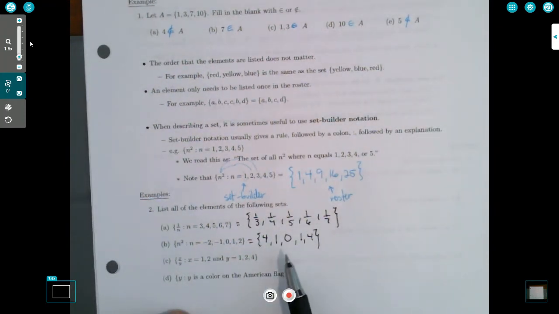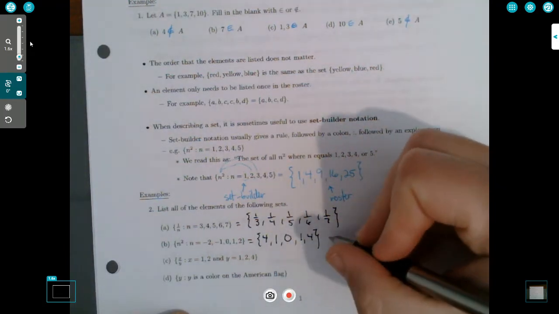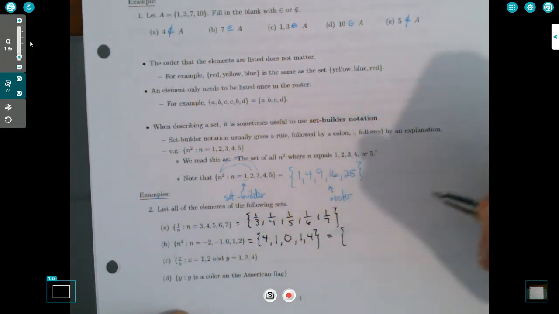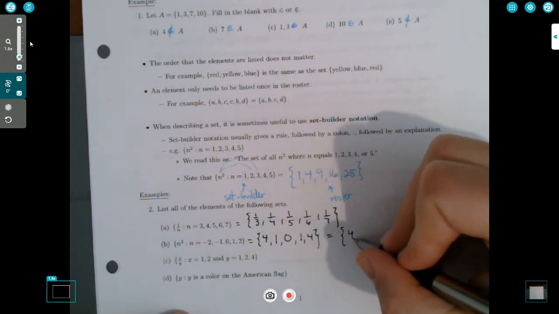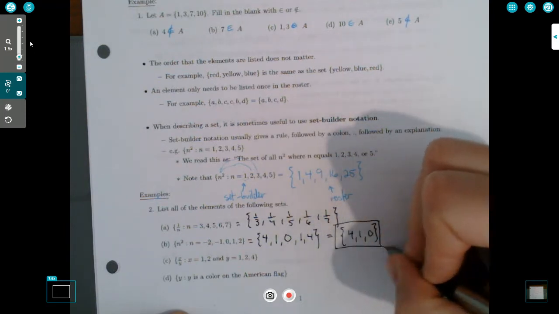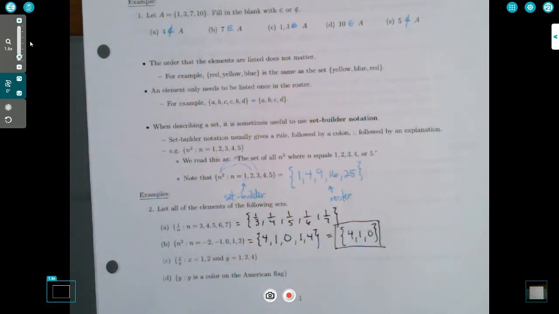Now notice that here I have repeats, right? I've repeated 1 and I've repeated 4. So it's not necessary for me to list the elements of a set more than once. So really this would just be the set 4, 1, and 0, and that's it, right? That would be the roster notation for this set, right? So these mean the same thing.